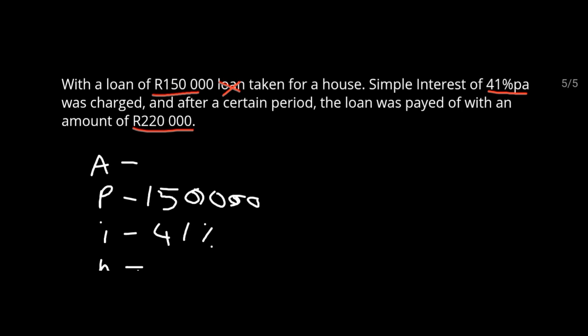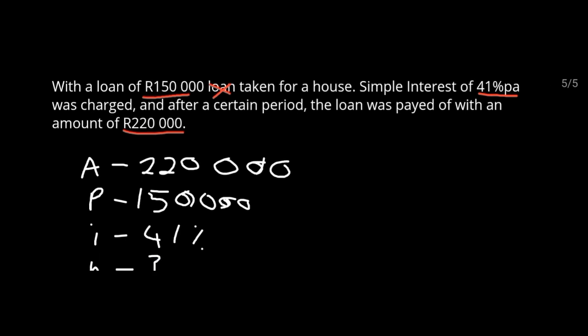And then the loan was paid off with an amount of 220,000. So already you see that this is the final amount, the accumulated amount, because they told you the loan was already paid off. So the number of years we don't know. By putting that together, you see that the question will ask about the number of years.